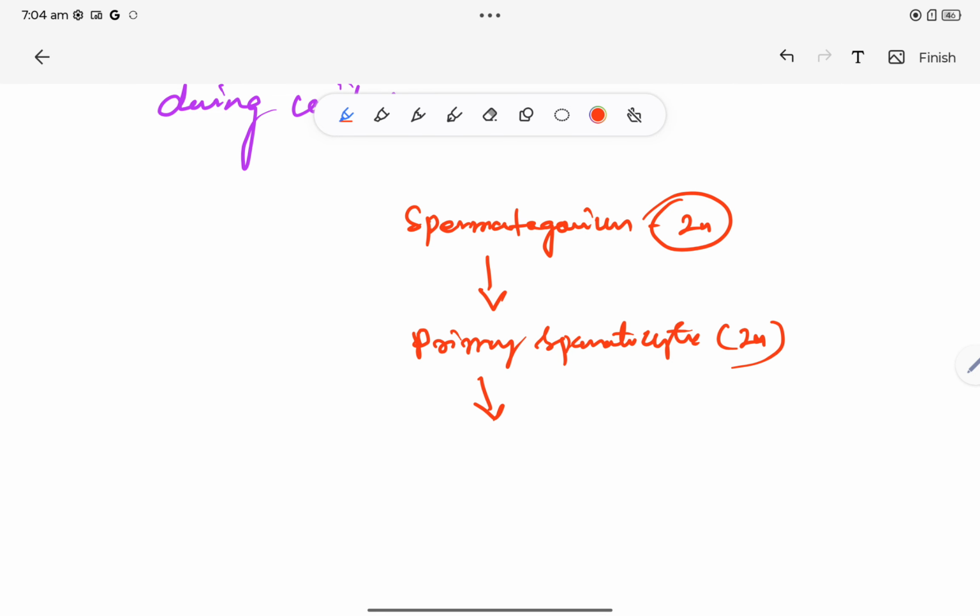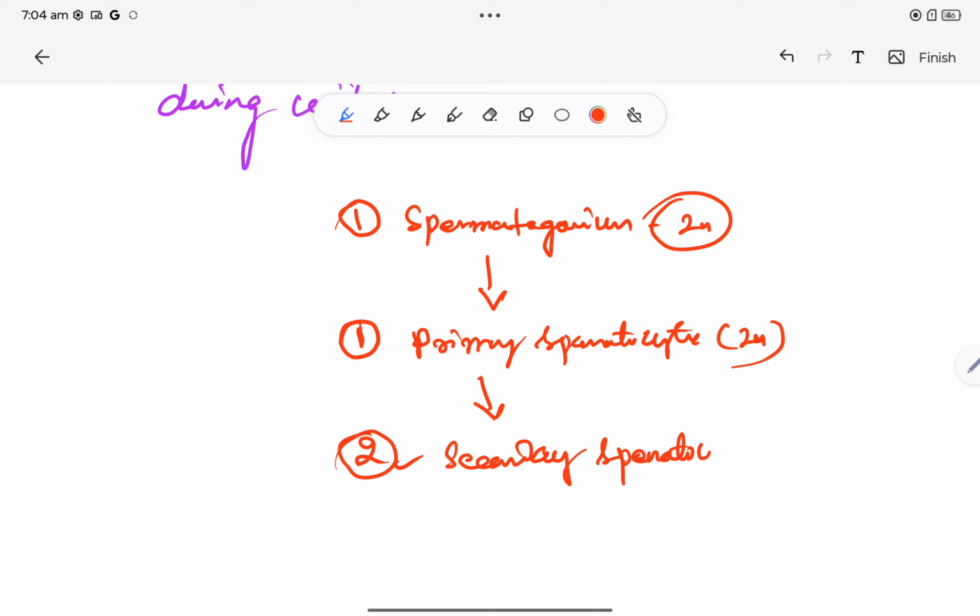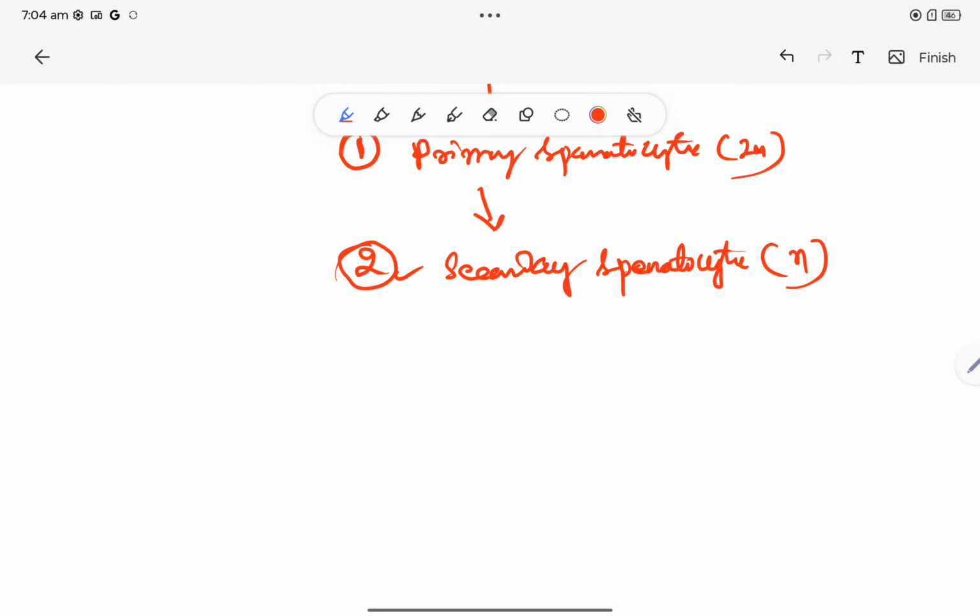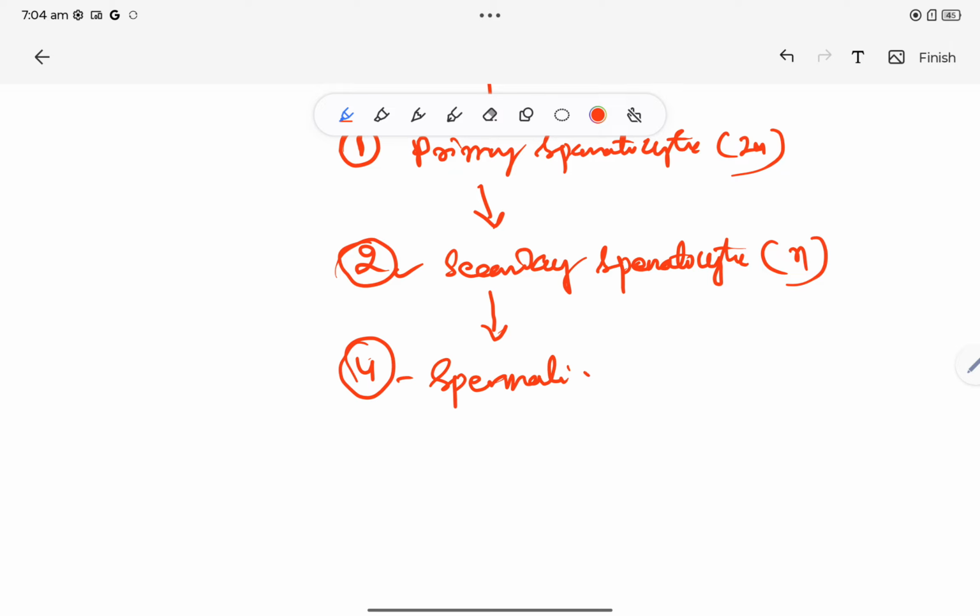One primary spermatocyte produces two secondary spermatocytes. These are haploid. Then the two secondary spermatocytes produce four spermatids, and all of them are haploid. So each secondary spermatocyte produces two spermatids.